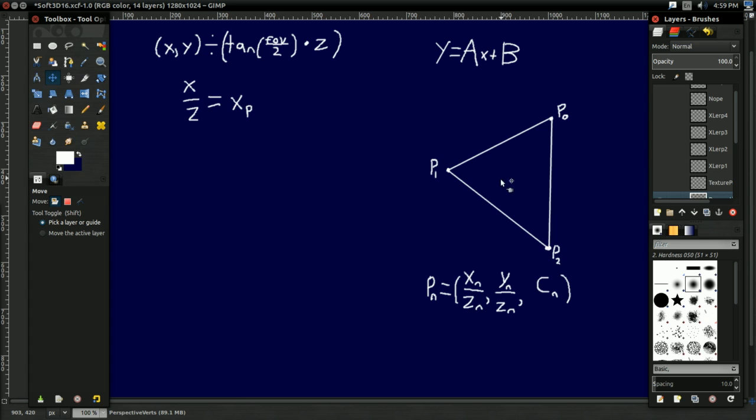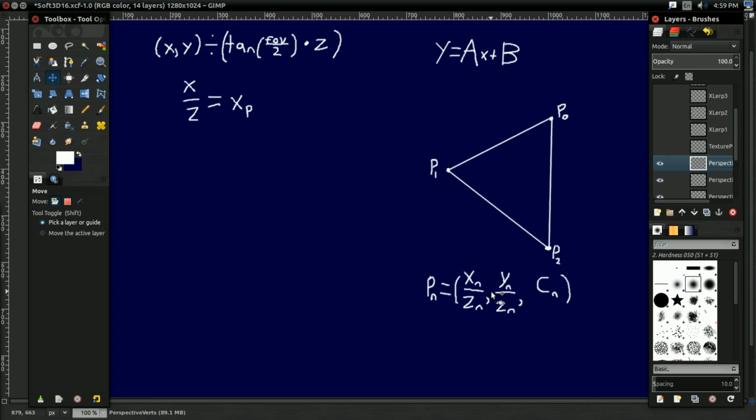Because we know from the gradients video that if we just use x and y with no perspective correction, then all the math we did in the gradients video, all the math we're doing right now, is valid. But does dividing by z have some effect on that?